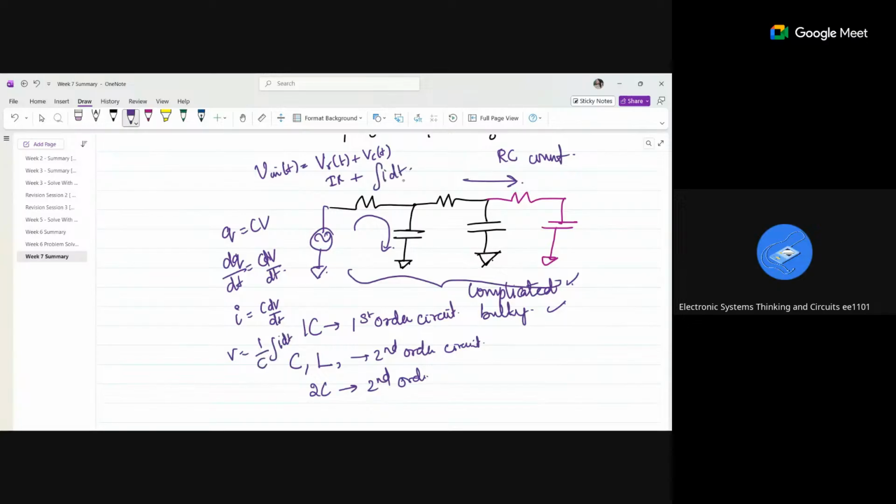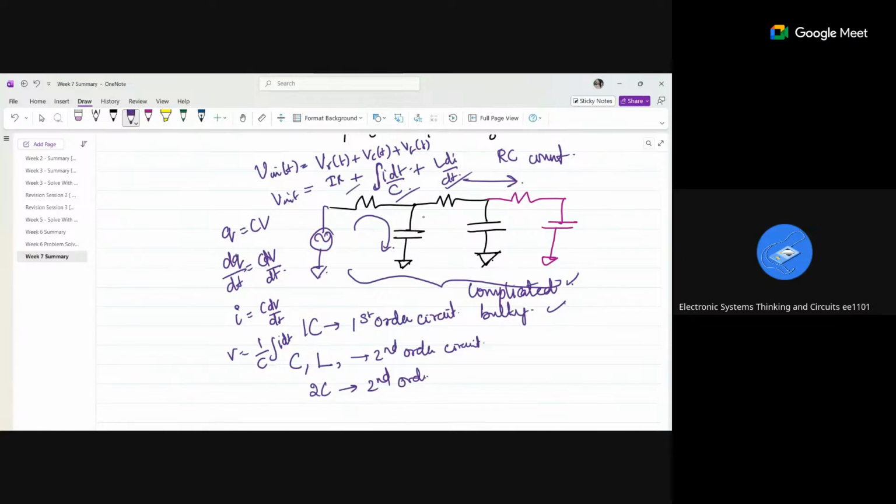So basically, there is one integration term. And if you have an inductor also in the circuit, it will become L di by dt. So there is one differentiation term, integration term, and the resistor term.